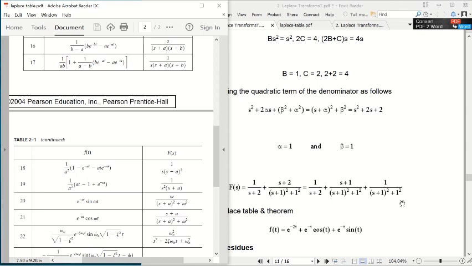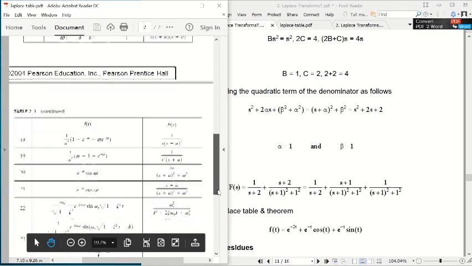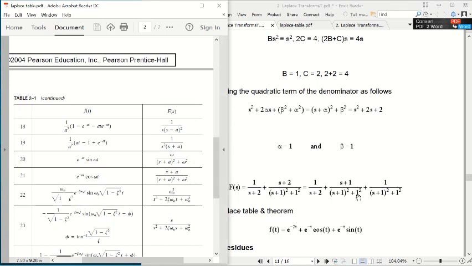Combine these two, if you add together you should get this. Then for example, s plus 1 divided by this will be equal to this one, s plus a, which in this case a equal to 1, and omega squared equal to this one, so omega also equal to 1.